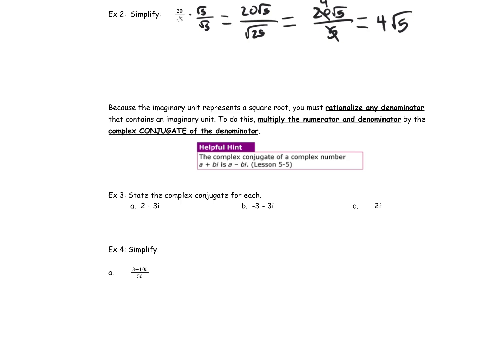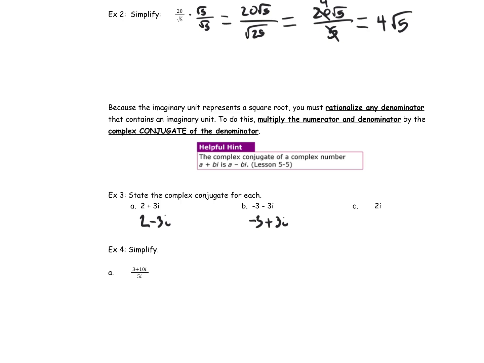The complex conjugate of a complex number, a plus bi, is just a minus bi. In other words, all you have to do to find the complex conjugate is change a plus sign to a minus sign. It really is that simple. So the complex conjugate of 2 plus 3i is 2 minus 3i. The complex conjugate of -3 minus 3i is -3 plus 3i.